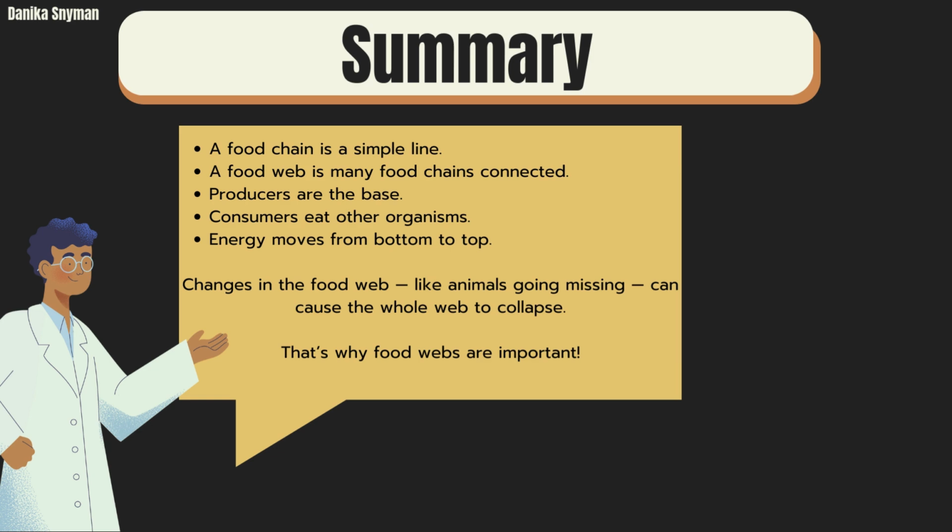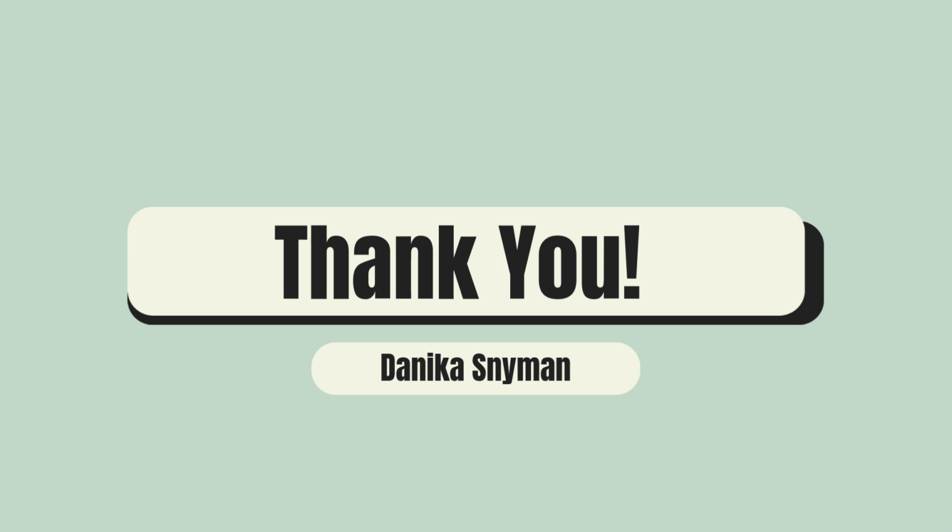You need to know the difference between the two. Producers are the base. Consumers eat other organisms. Energy moves from the bottom to the top. Changes in the food web, like animals going missing, can cause the whole web to collapse, and animals can die and become extinct. That's why food webs are so important.